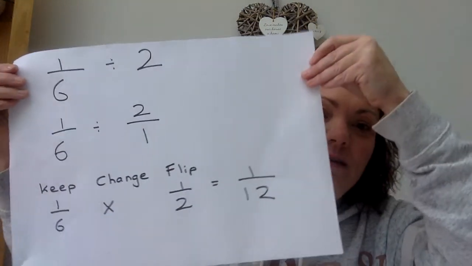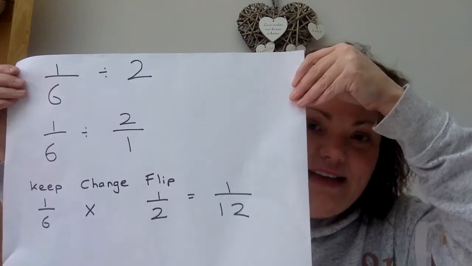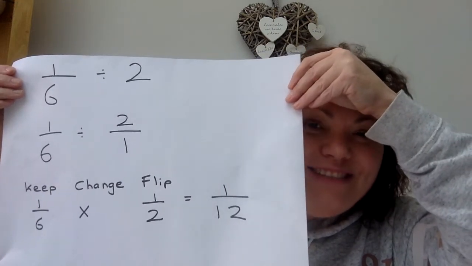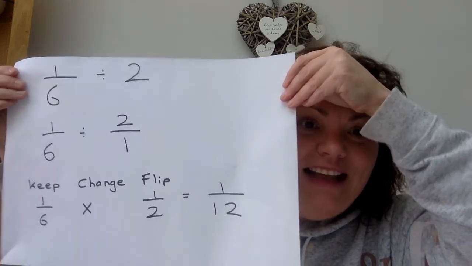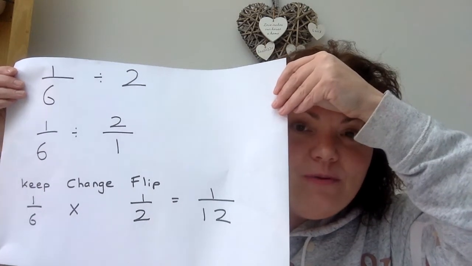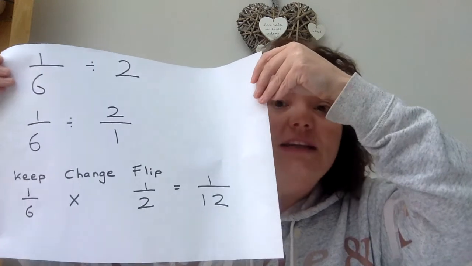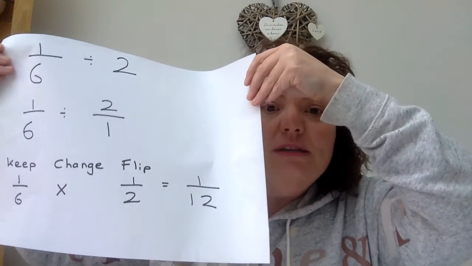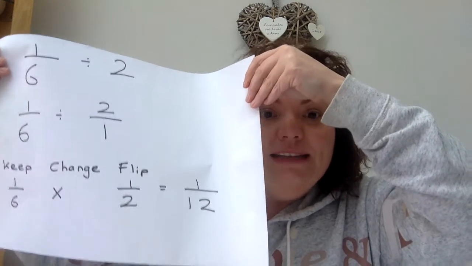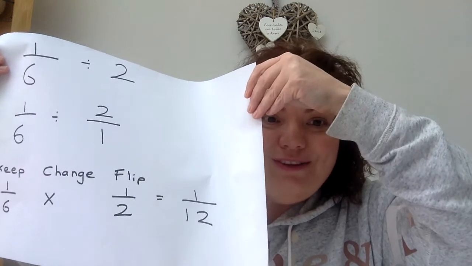Keep, change, flip. So what are we going to do? We're going to keep that 1/6 the same, change that division to a multiplication, and flip that 2/1 upside down to a half. And then we follow the multiplication as normal. So we say 1 times 1 is 1, 6 times 2 is 12.